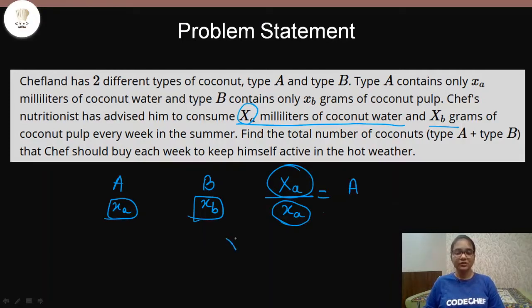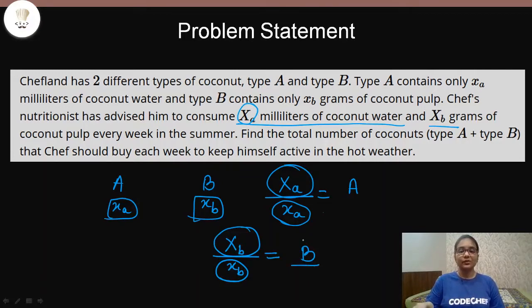So this will give us the total number of coconuts of type A that are needed. And if we just do capital XB divided by small xb, then this is the total amount of coconut pulp that chef needs every week, and small xb is the total coconut pulp that is there in just one coconut of type B. So if we divide this, then we will get the total number of type B coconuts that the chef needs every week.